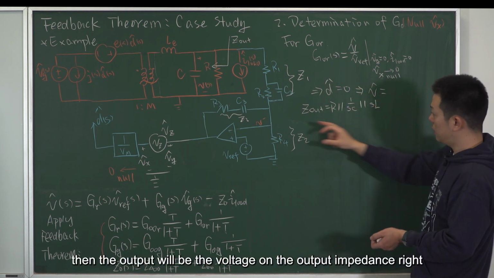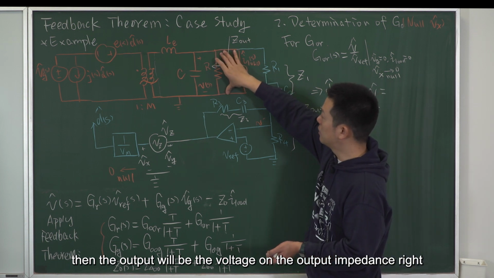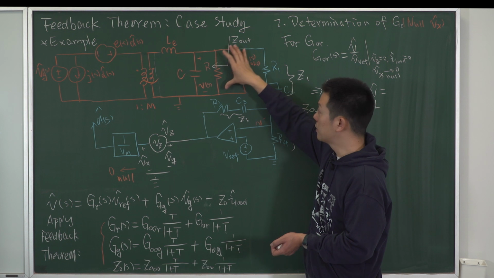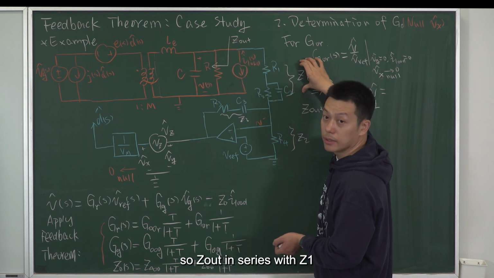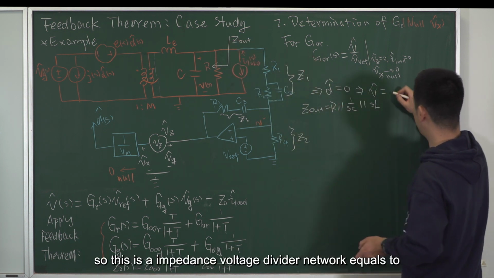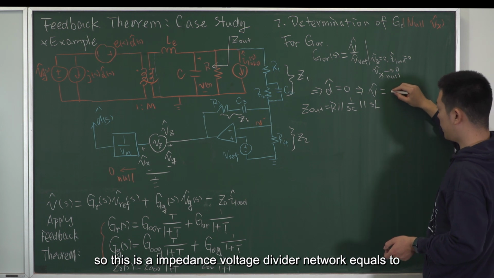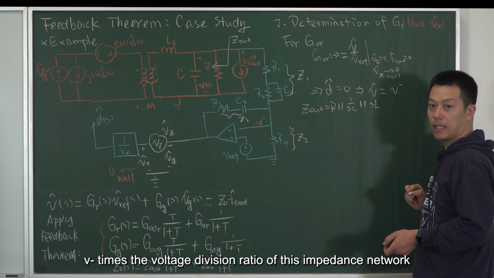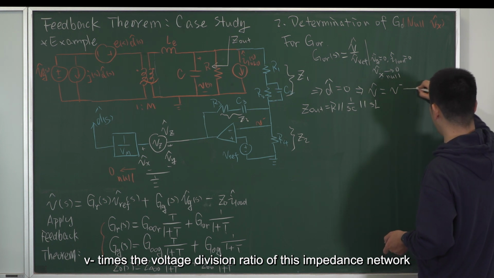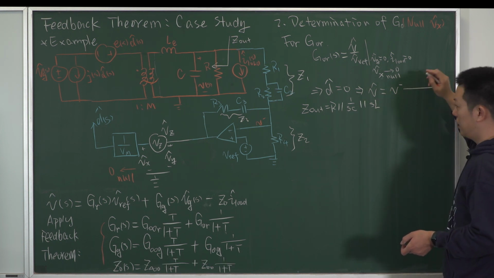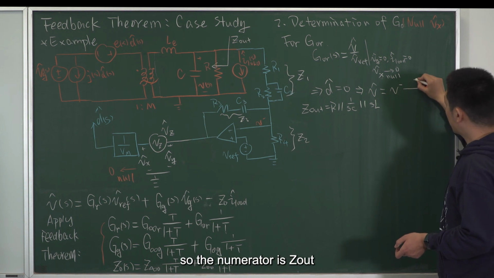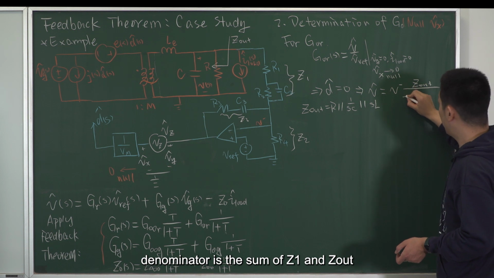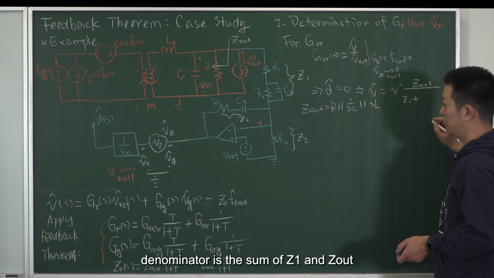Then the output will be the voltage on the output impedance, so Z out in series with Z1. So this is an impedance voltage divider network, equal to V minus times the voltage division ratio of this impedance network. So the numerator is Z out, and the denominator is the sum of Z1 and Z out.